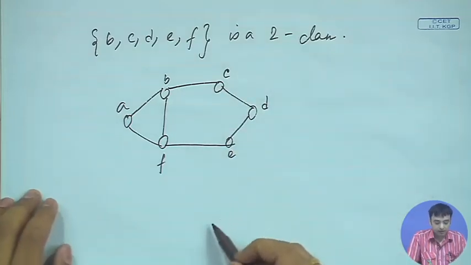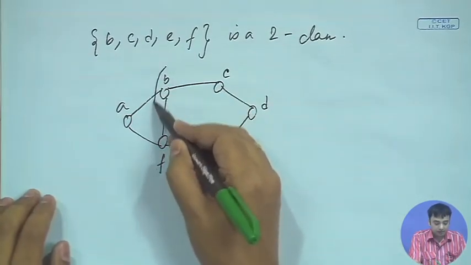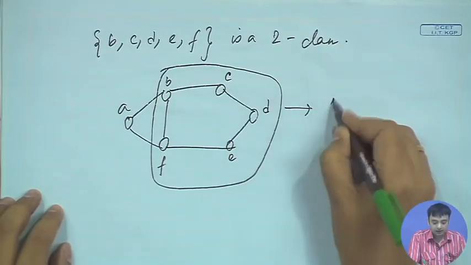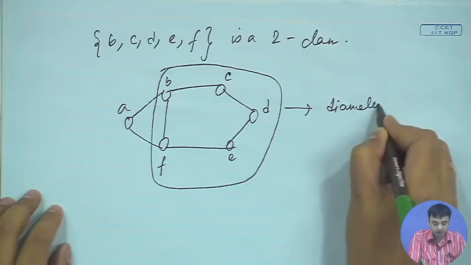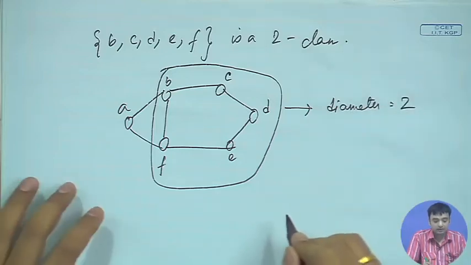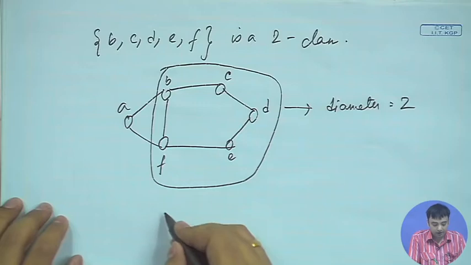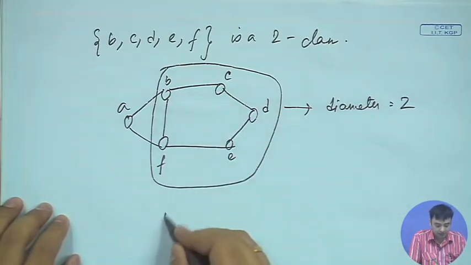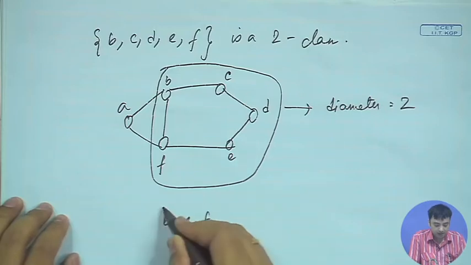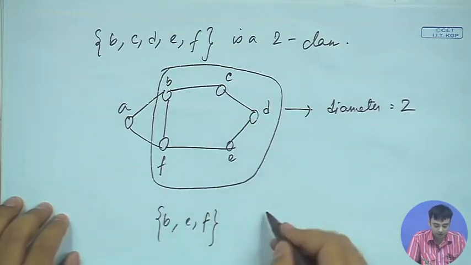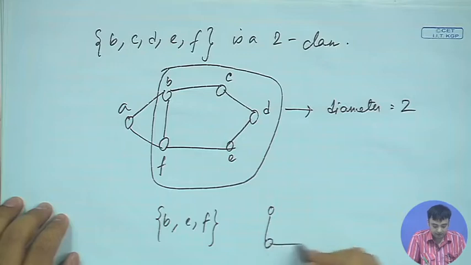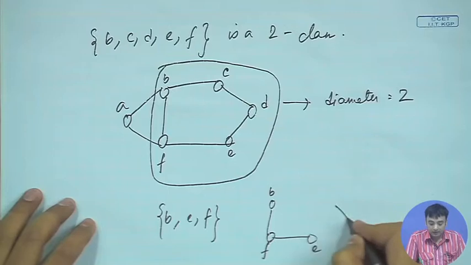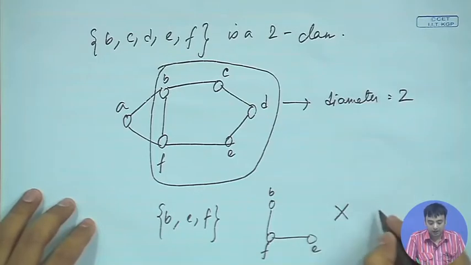Now, if you take the subgraph B, C, D, E, F, that is this, here the diameter is equal to 2 and hence it is a 2-clan. However, let us say we take the example of the subgraph B, E, F, which is this particular subgraph. This is not a 2-clan.